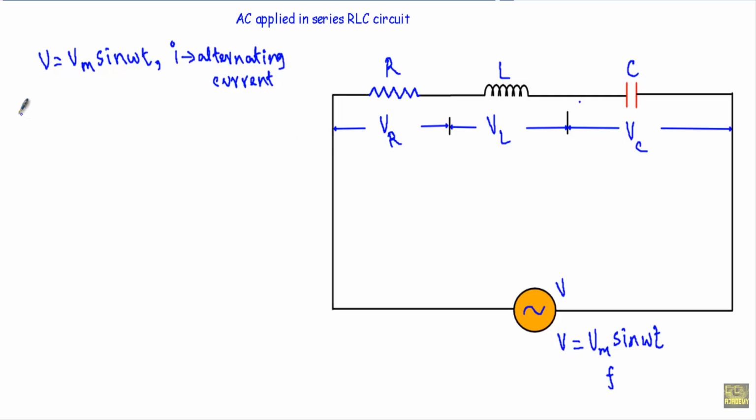Let's say the value V is the RMS value of applied voltage.